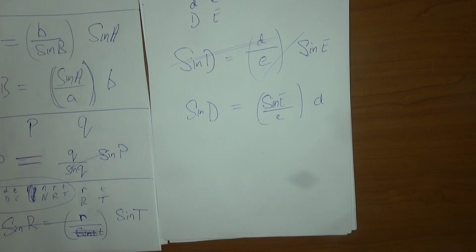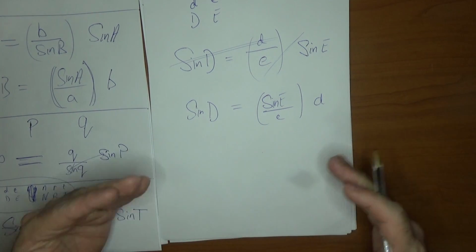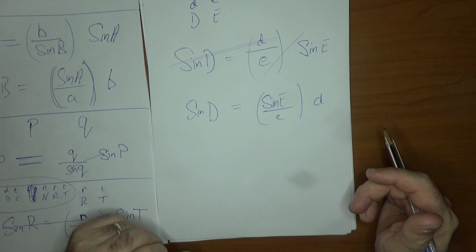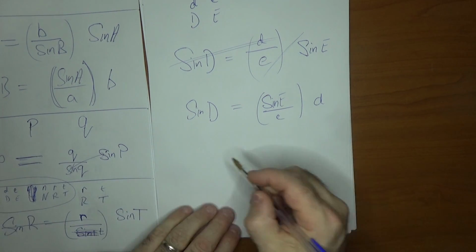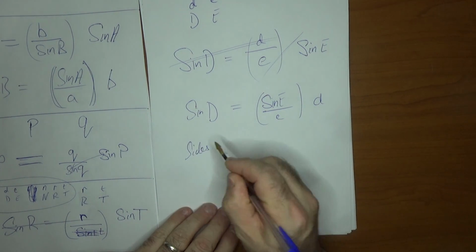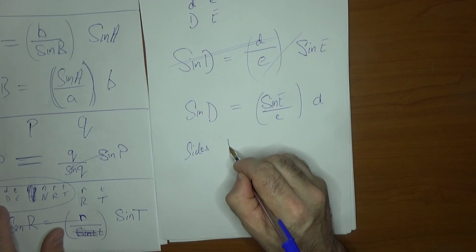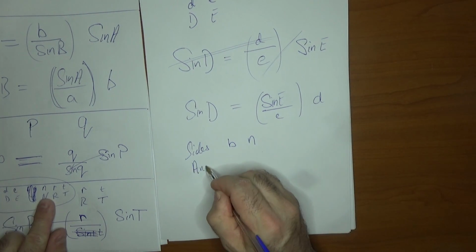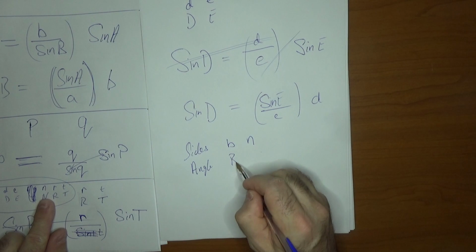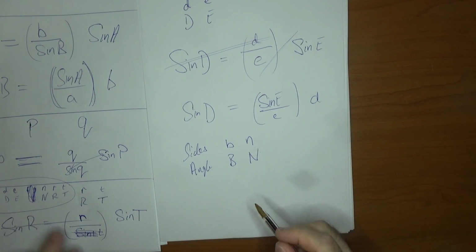Okay, so now you're going to see, hopefully at this stage, and you've had a lot of lecturing now, but hopefully you pause and you practice. So I'll give you an opportunity to do that. Okay, I'm going to give you two sides, sides B and N, and two angles, angle B, obviously, and capital N. So this is what I want you to do.